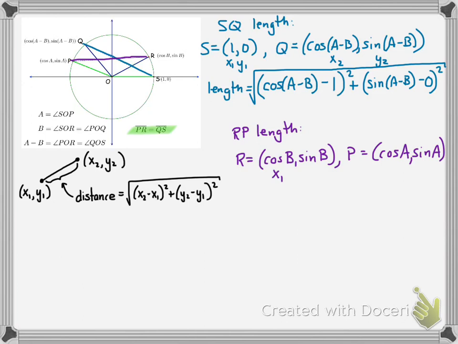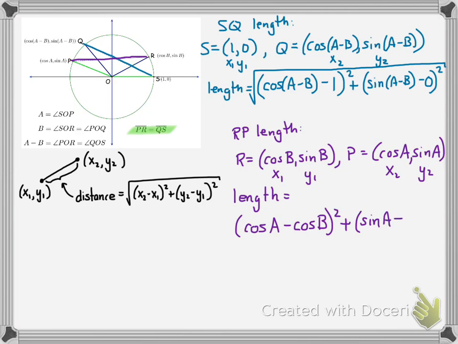So cosine of B, sine of B is our (x1, y1), and cosine of A, sine of A is our (x2, y2). Our length of that line segment is going to be x2 minus x1, so cosine of A minus cosine of B, squared, plus y2, which is sine of A, minus y1, which is sine of B, squared, and then I want to take the square root of that.